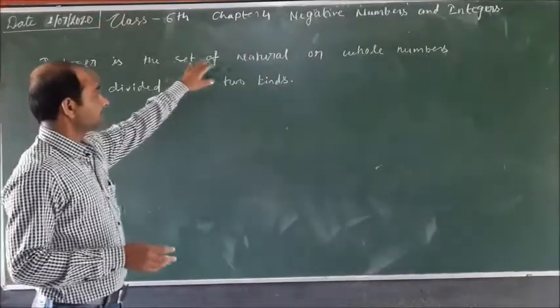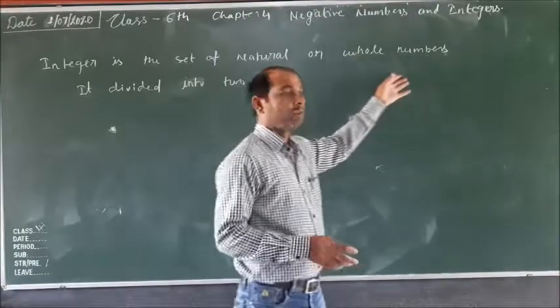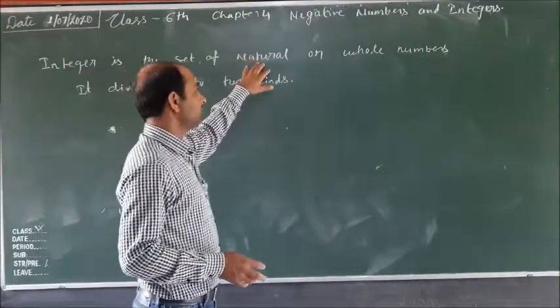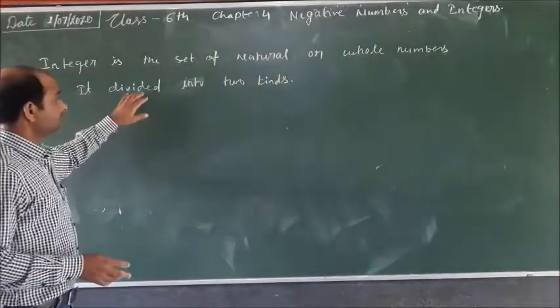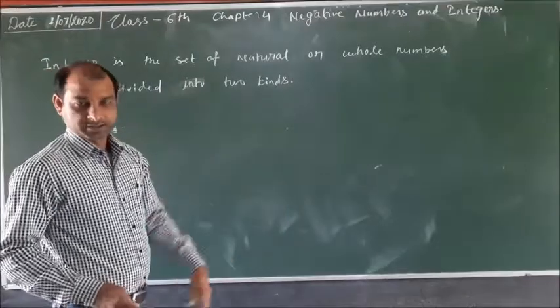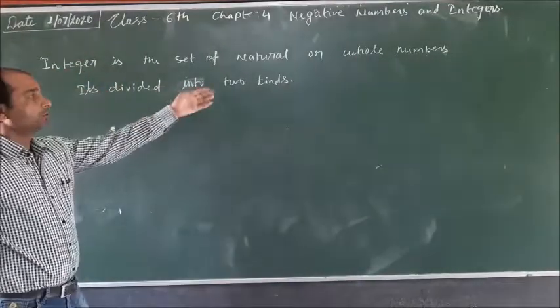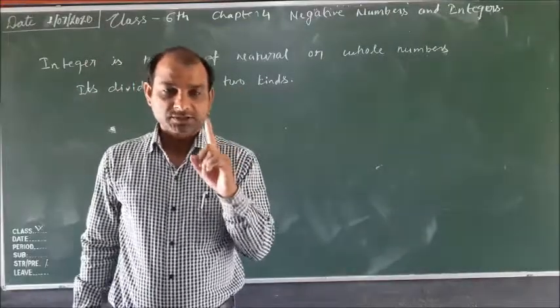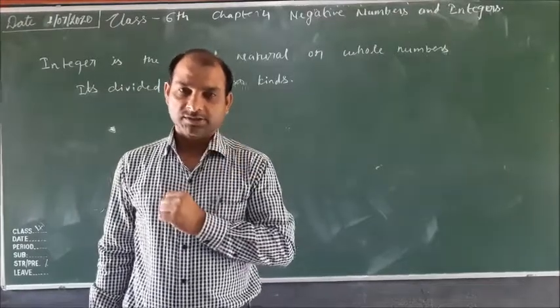Integer is the set of natural or whole numbers. It is divided into two kinds. First one is positive integers and second one is negative integers.